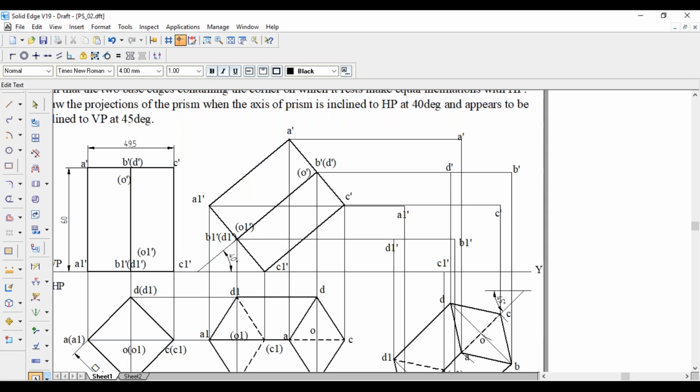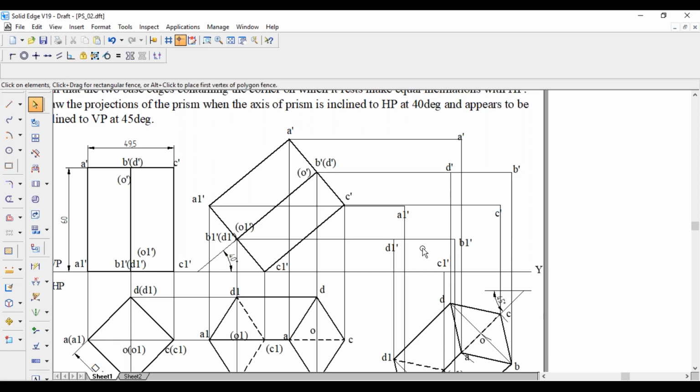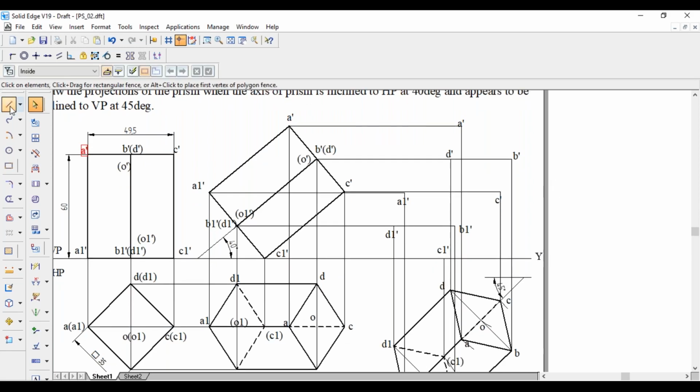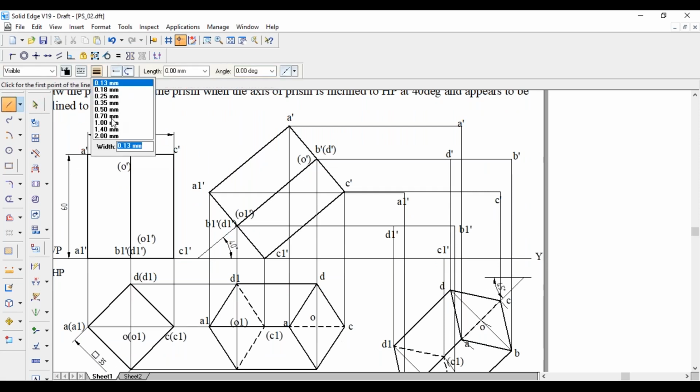Now once again, all the outermost points of every view are visible. So C1 dash to D1 dash, outermost, A1 dash, because if you go directly for A dash, A1 dash is coming left side, so A1 dash.